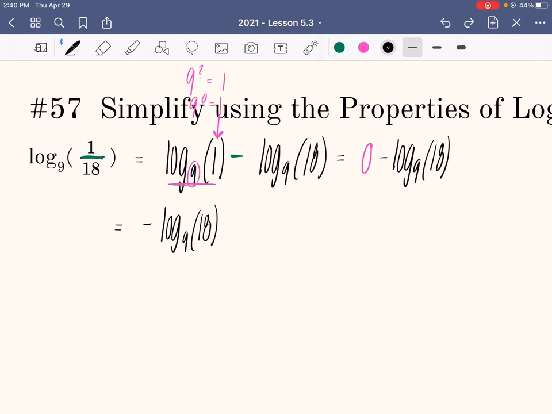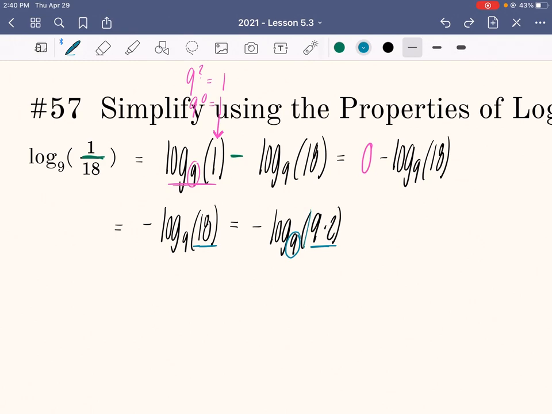So if I split this up, I can rewrite this as negative log base 9 of 9 times 2, because I know that 9 times 2 gives me 18. And the reason I would do this again is because I'm looking to see that there's a common factor. 9 goes into 18, so we're going to split it up like so.